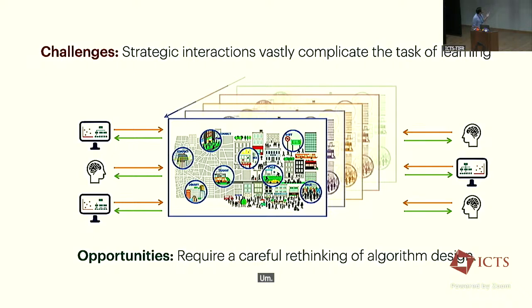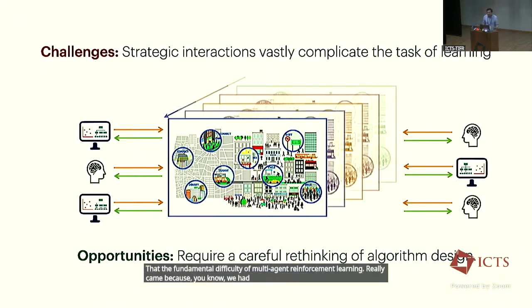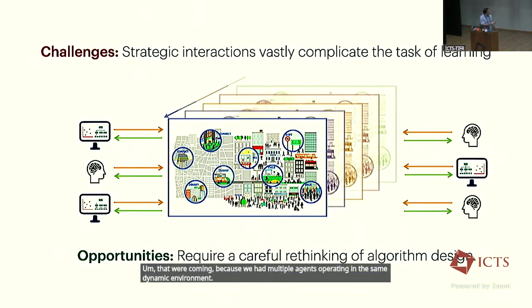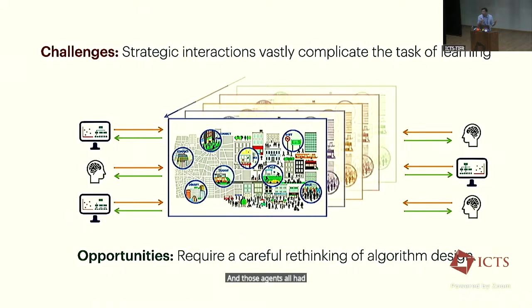So we're really coming from this point yesterday that the fundamental difficulty of multi-agent reinforcement learning came because we had these strategic interactions, coming from multiple agents operating in the same dynamic environment, and those agents all had their different objectives.